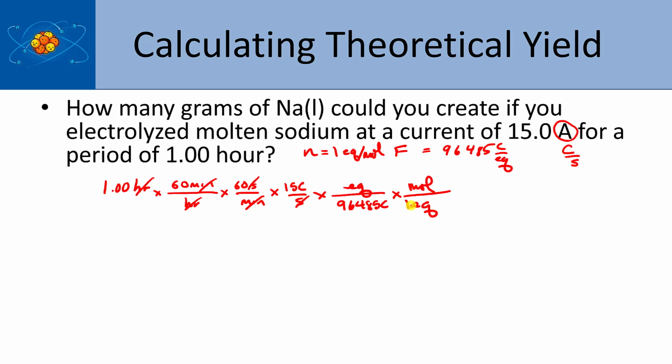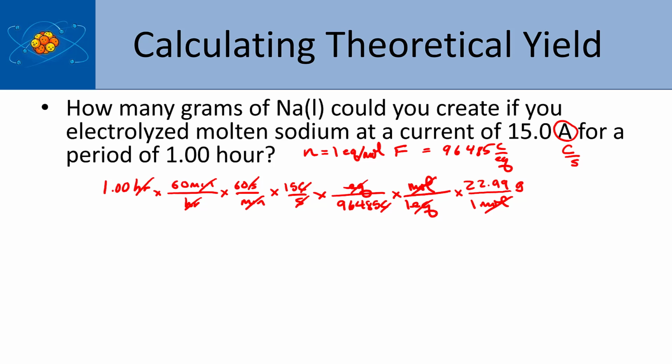So notice what we've done now is we've converted all the way from time using current to charge, and then from charge to moles of sodium involved in the reaction. And now all I need to do is multiply by the molar mass, which is 22.99 grams for every 1 mole. And again, just setting this up so the units cancel. So starting with time, I was able to convert over to get to grams.